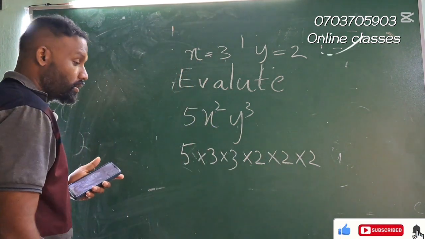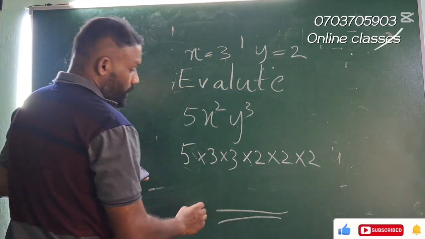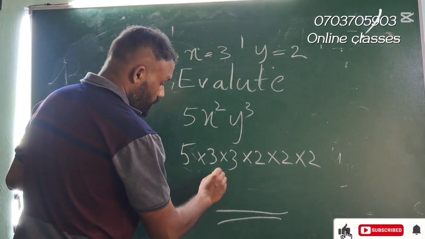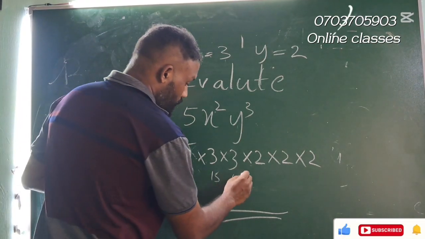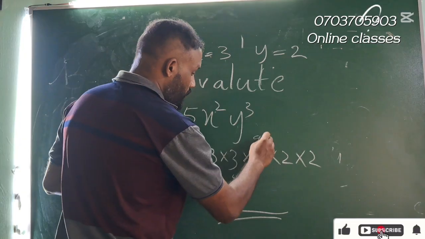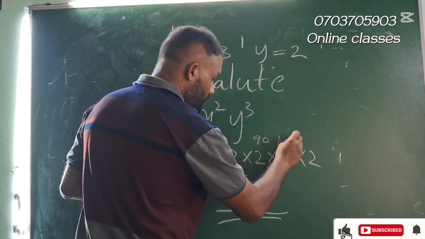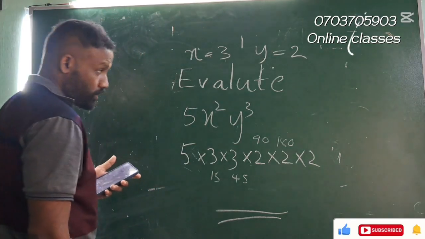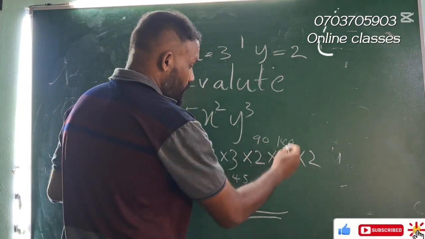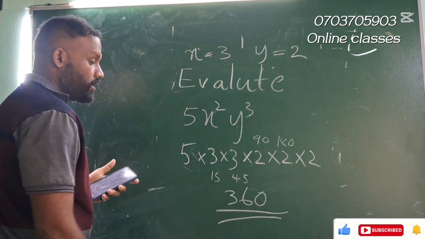Now we can find the value. 5 times 3, 15. 15 times 3, 45. 45 times 2, 90. 90 times 2, 180. 180 times 2, 360. This is the final answer.